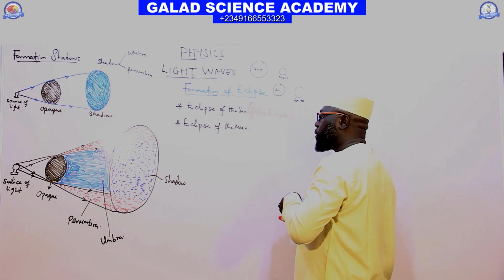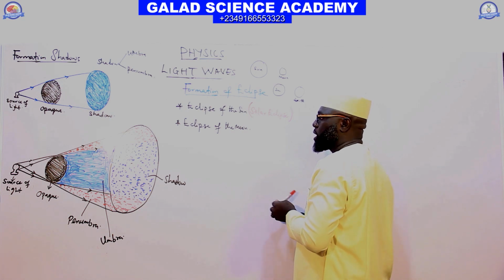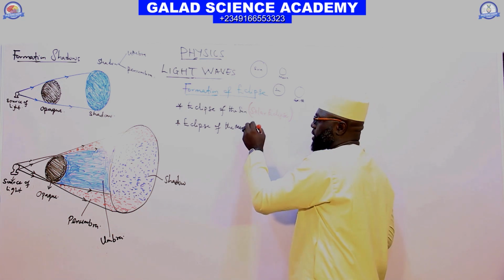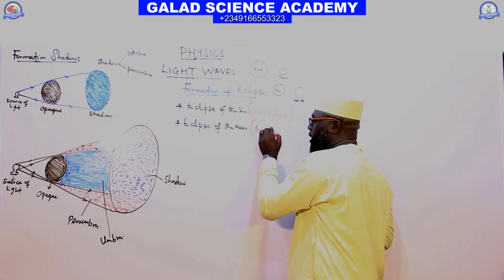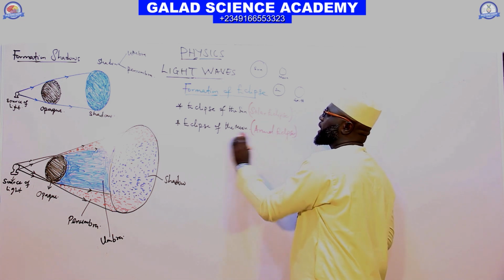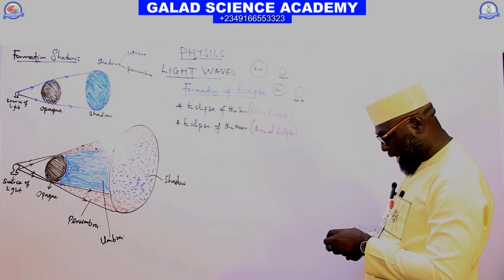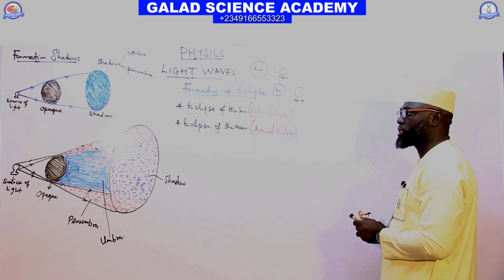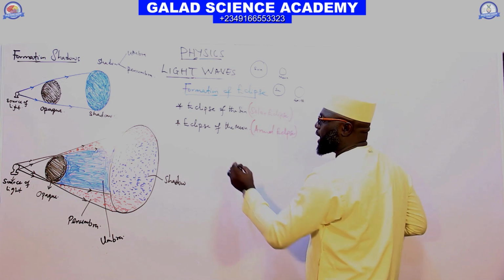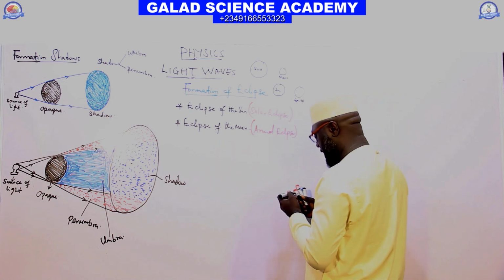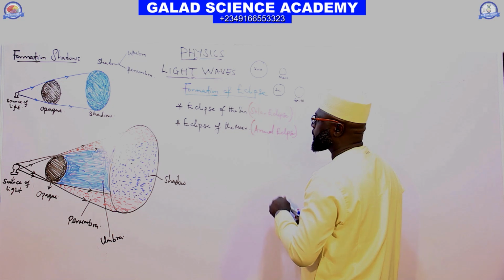And the second one, we can also call lunar eclipse, which is the eclipse of the moon. Now, let us treat them one after the other, starting with eclipse of the sun.